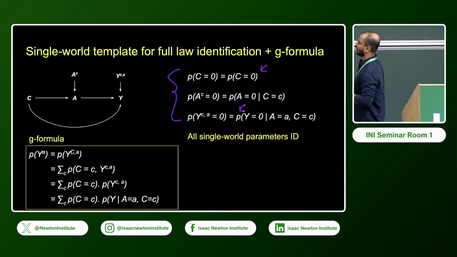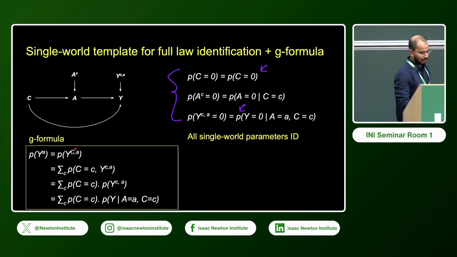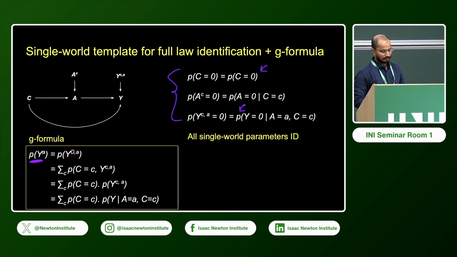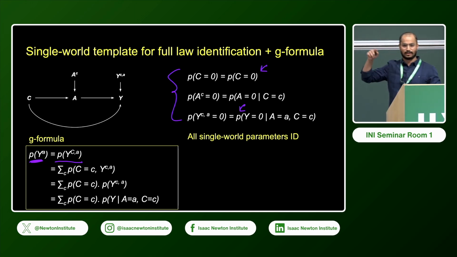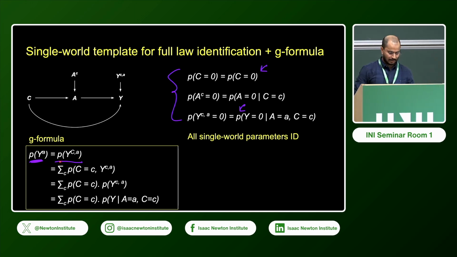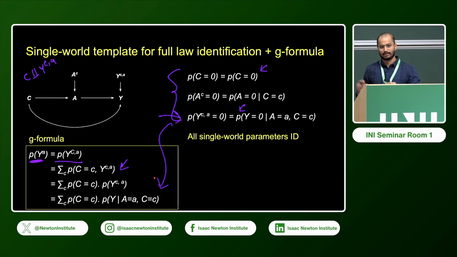If you want P(Y_a), by recursive substitution that's equal to P(Y_{C,a}), and then you can marginalize over all possible values of C. This is what you end up with. Then you use independencies in the graph to say that C is independent of Y_{c,a}, and then you plug in this piece, and that gives you the g-formula.